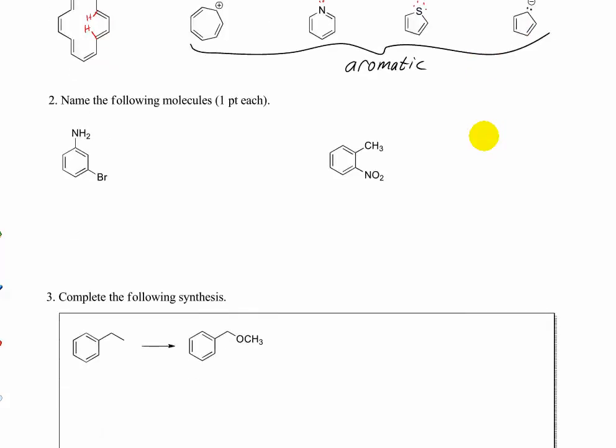Okay. Names. This one should have been, whoops, not ortho. Meta-bromoaniline. No, but I'll accept that. It's A and I. And this one is ortho-nitrotoluene.